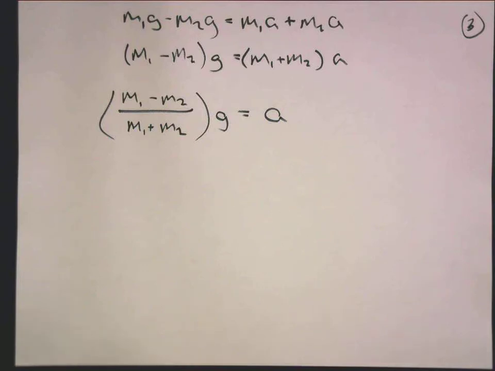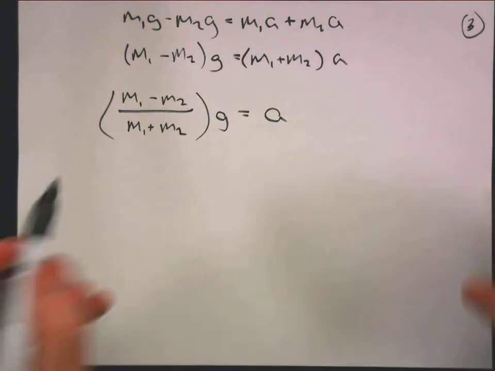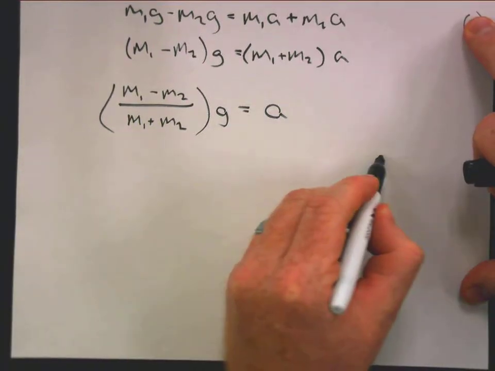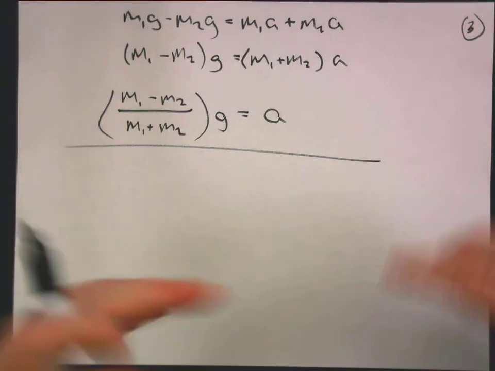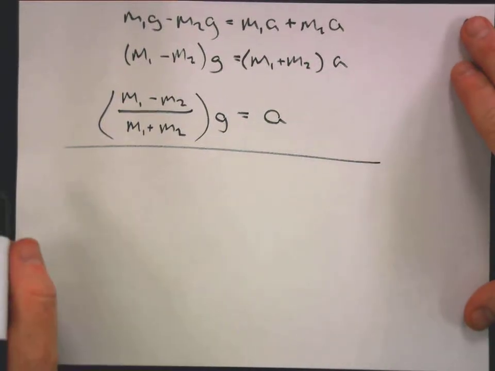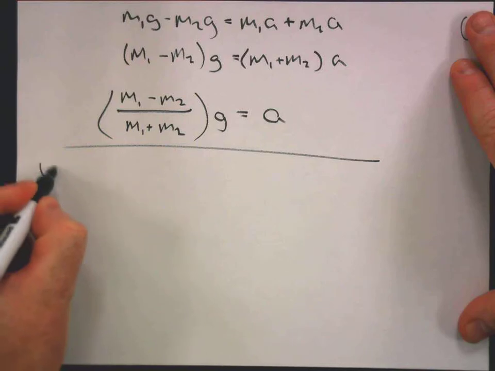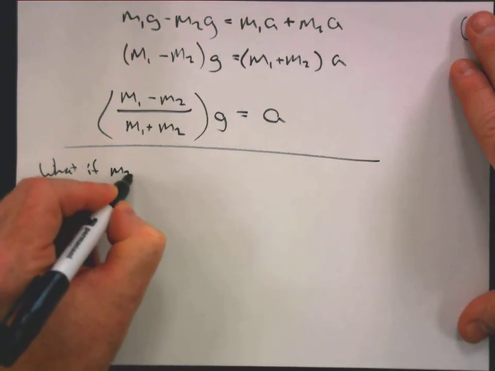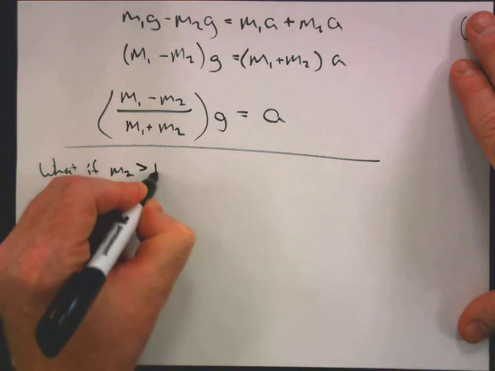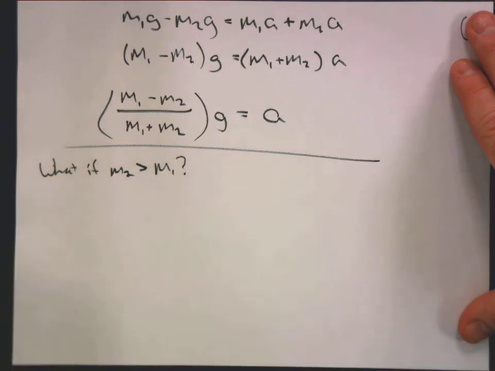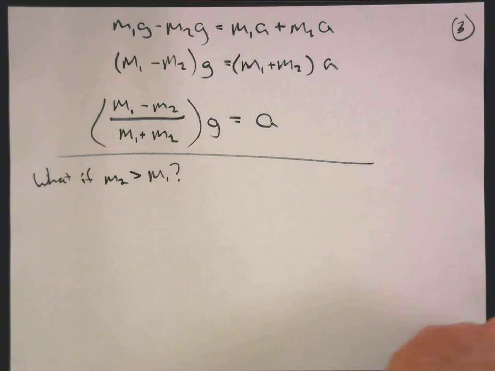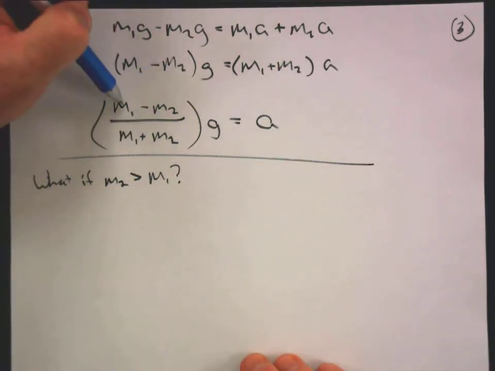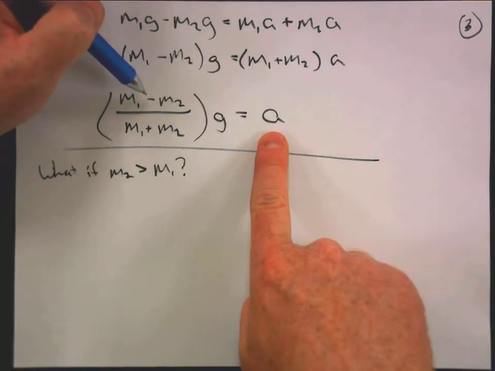So what is the significance of this? Well, let's do a little line so we can separate this a little bit. Let me ask you some questions first. What if M2 was greater than M1? What would we see? Well, it's clear that with M2 larger than M1, we get a negative value here, and therefore that would reverse the direction of our acceleration.